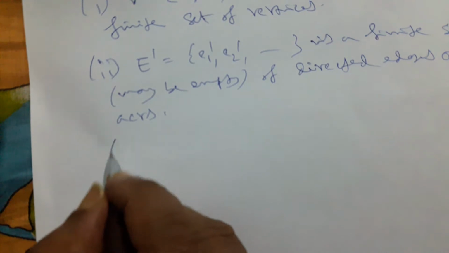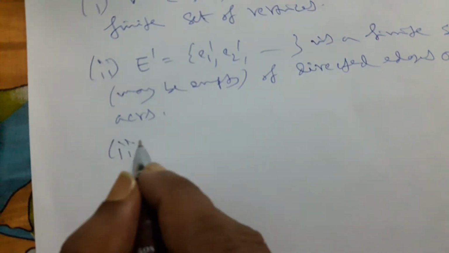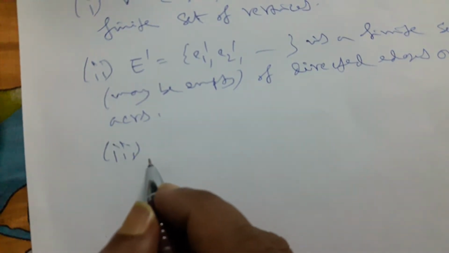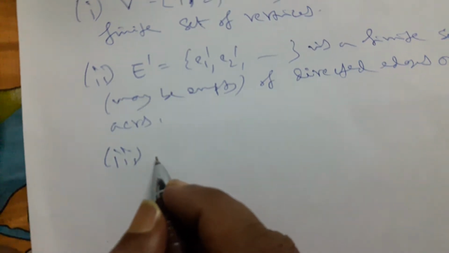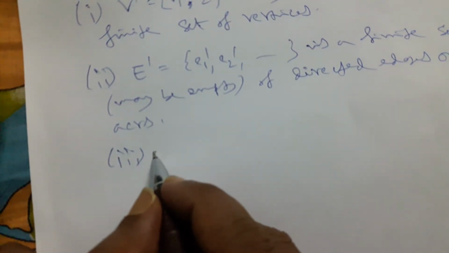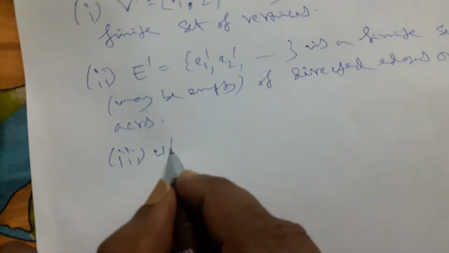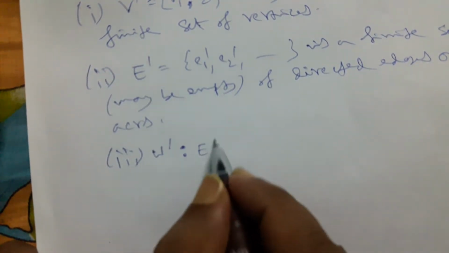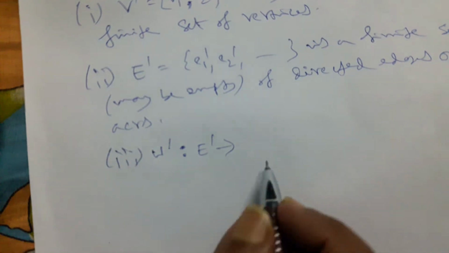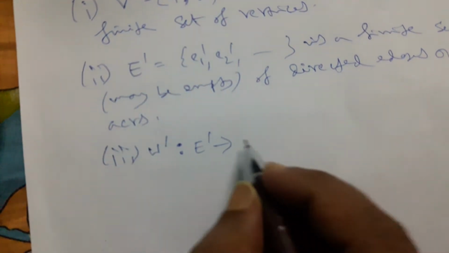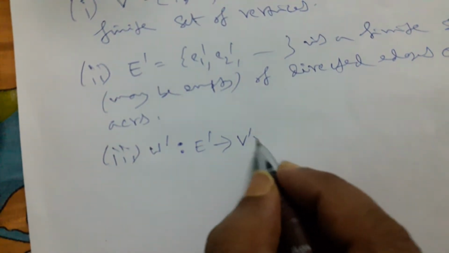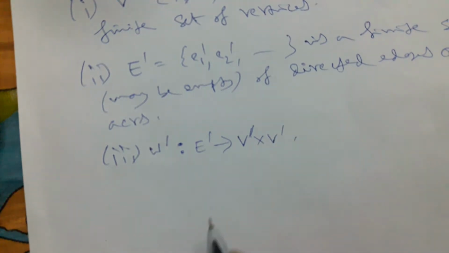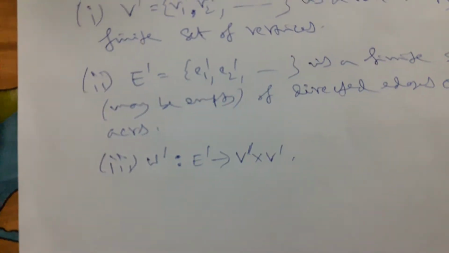Now we consider the third condition, very interesting, that's the incidence function. We consider the incidence function as omega dash, a mapping from E dash to V dash cross V dash.